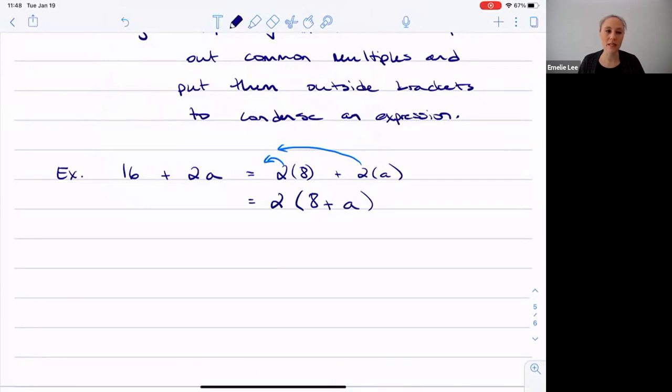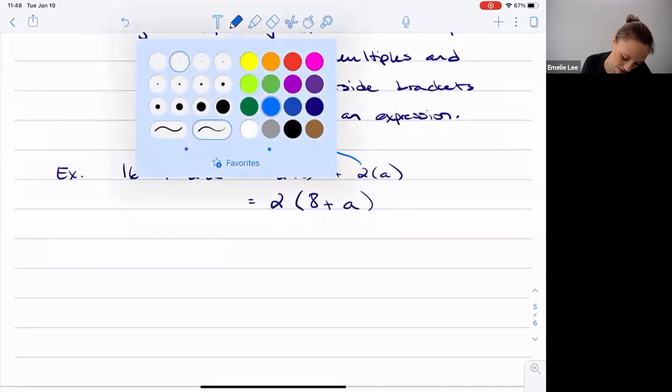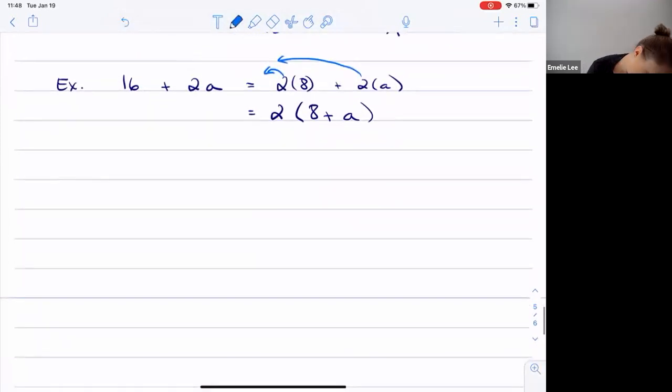One thing to be careful about: this is the factored expression, and you can always double check your factoring by expanding it again and making sure that you get back to the same expression that you started with.